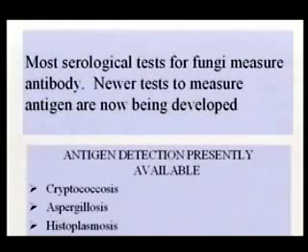He keeps it proprietary, and he runs a private lab to detect antigen with his specific test. Aspergillosis is just starting to come along. It's been around, I guess 5 or 6 years, but there's not enough experience to say how good it is, but it's a help. The Cryptococcus antigen's been around for about 25, 30 years, and it's a key to your diagnosis, and we'll talk about that when we talk about cryptococcosis.